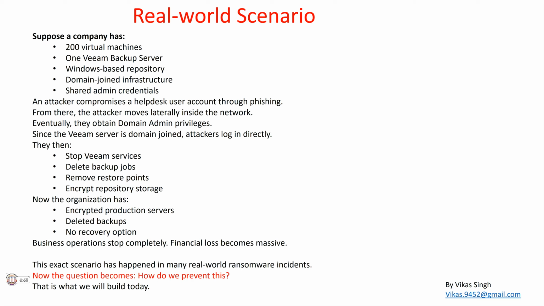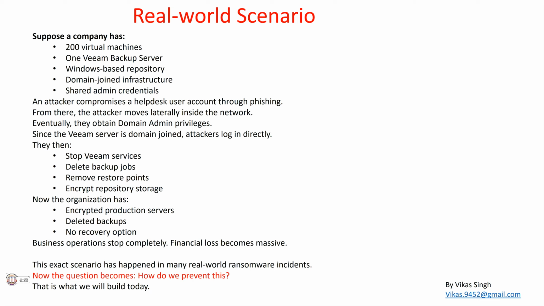Since the Veeam server is a domain joined machine, the attacker logs in directly to the Veeam server. Now they stop Veeam services, delete backups, remove restore points, and encrypt backup storage. At this point, production servers are encrypted, backups are deleted, and no recovery path exists in the infrastructure.